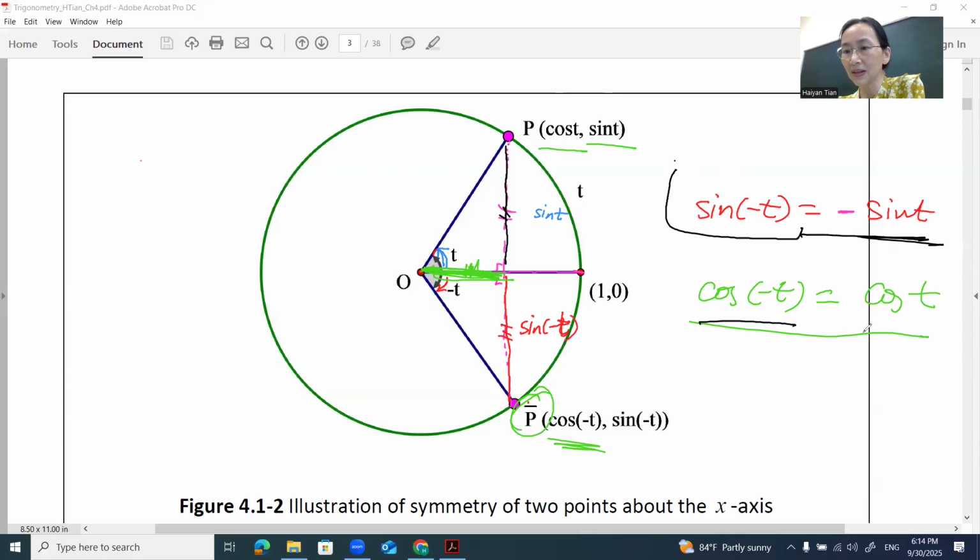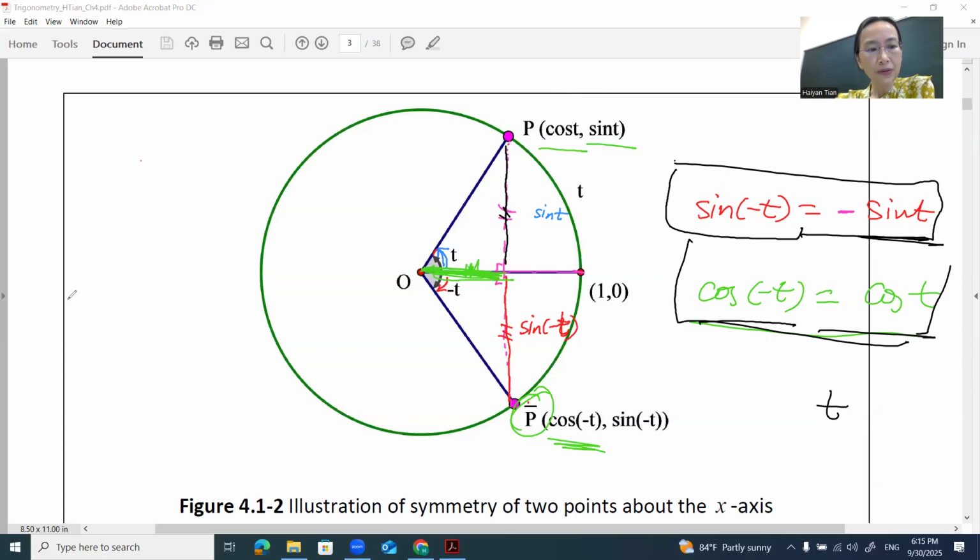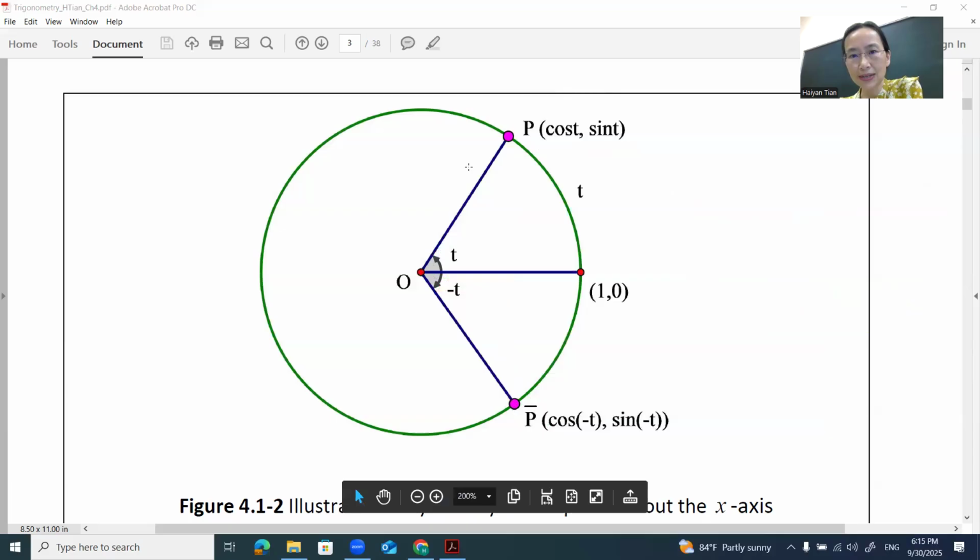But cosine negative T is equal to cosine T. This shows cosine is an even function because it's true for any T, right? It's true for any arbitrary T. And we notice the cosine is even, but sine function is odd. This is another identity, although it's not a strict proof. So we can visualize this property on a unit circle.